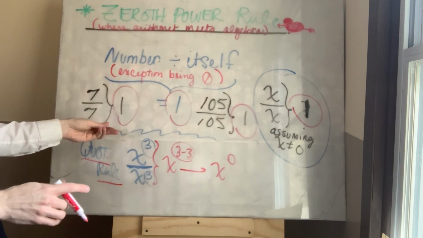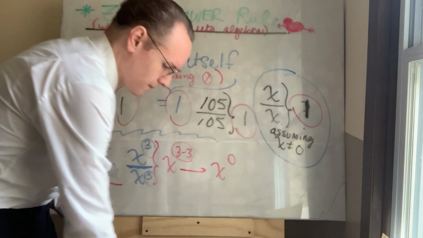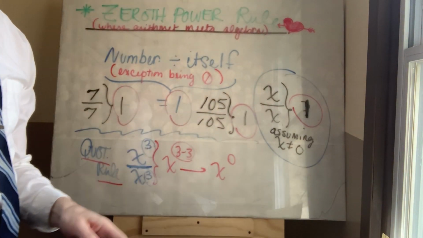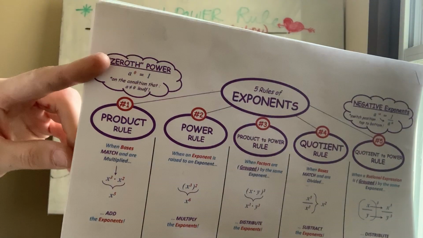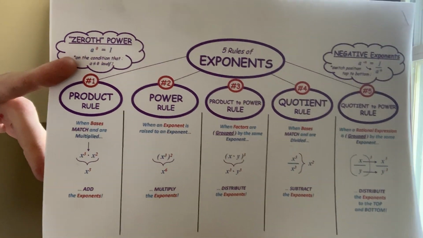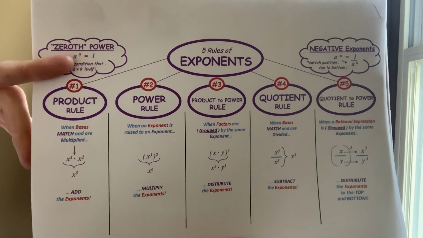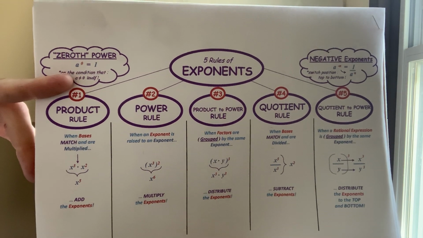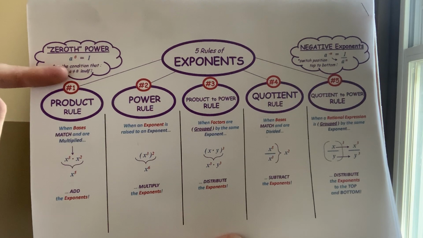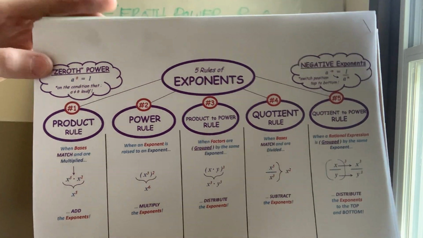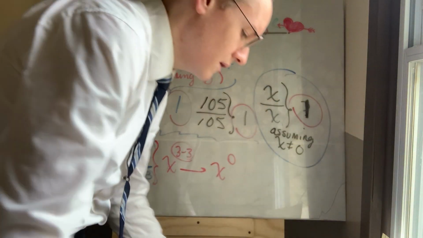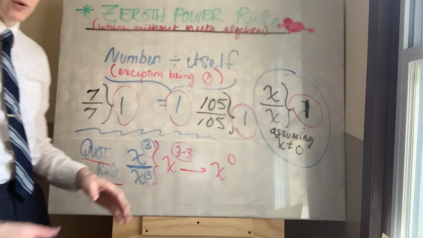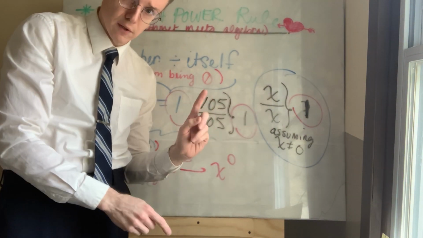On the paper, diagram and handout, here's how it is illustrated. A, as in almost any base, to the 0 is equal to 1. The exception being the base can't be 0 itself. That would imply that you would be dividing by 0. You can divide into 0, you can't divide by it.